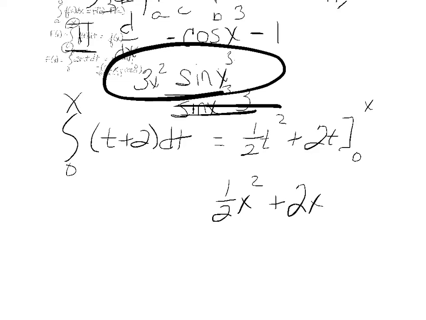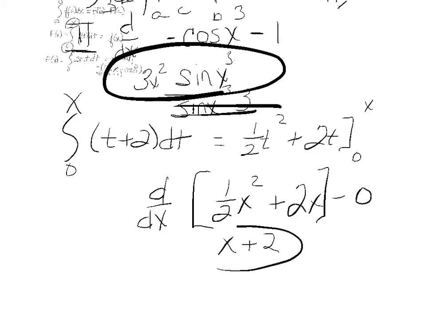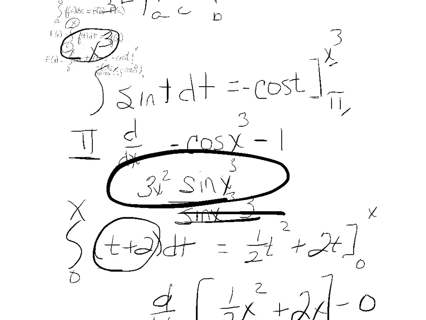When we plug in 0, we get 0. All right. Let's take the derivative of this. What do we get? x plus 2. That looks kind of like what we started with, doesn't it? What's the derivative of x? 1.